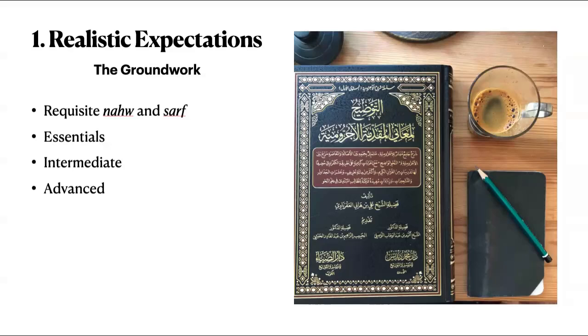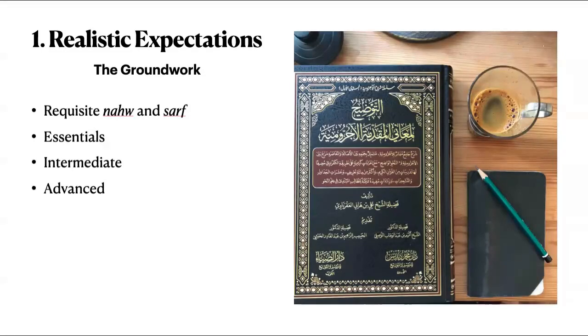Okay, so for example, for the essentials level, that would be something like the Matan al-Ajrumiyya, and learning most of what grammar you need to be able to engage with the text. At the intermediate level, you have to learn irregular morphology. So maybe verbs which have a double root letter or have a weak letter. These are plenteous in the Quran.